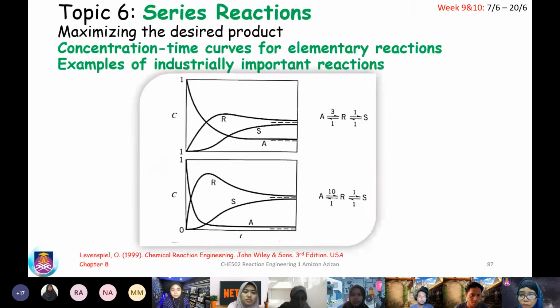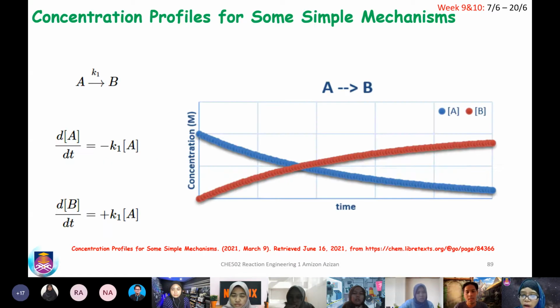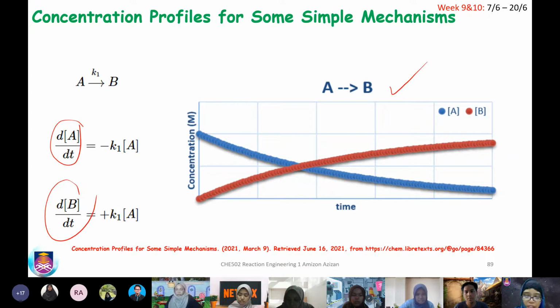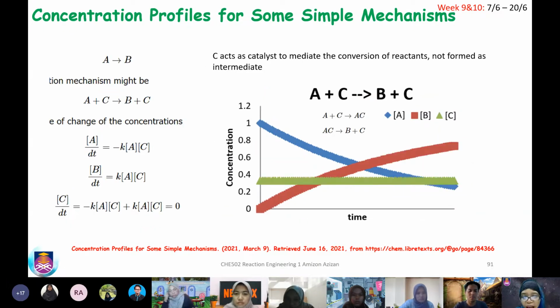If I scroll further back, I have given you additional notes, in a separate file, on simple mechanisms for writing the change of concentration. And we did the first equation, the irreversible equation, then the reversible equation. The remaining examples are not shown in class, but I hope you can read them on your own.